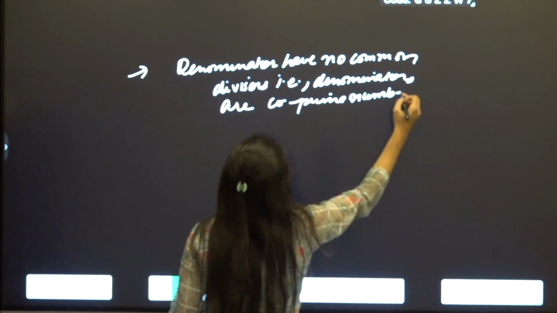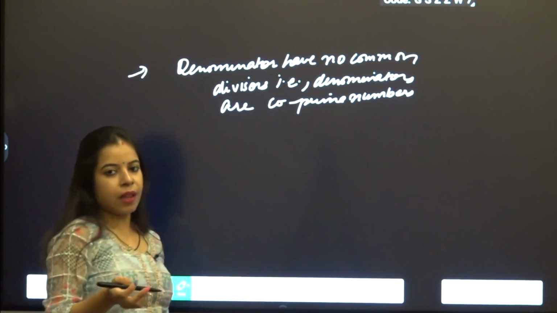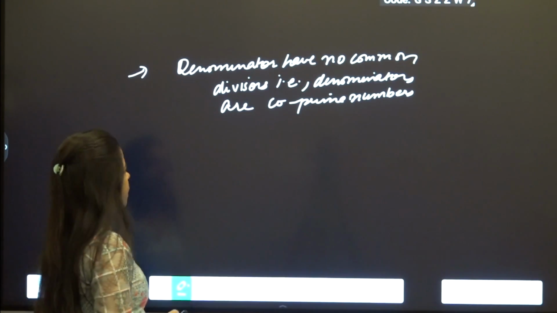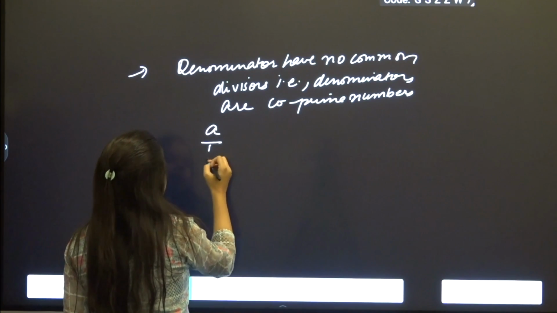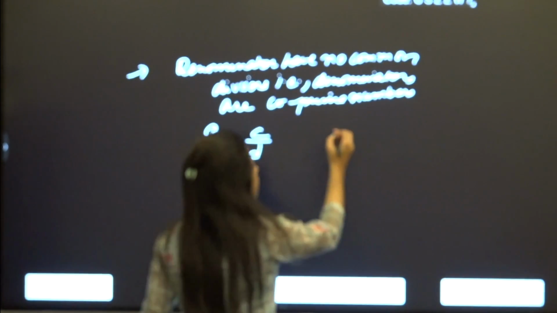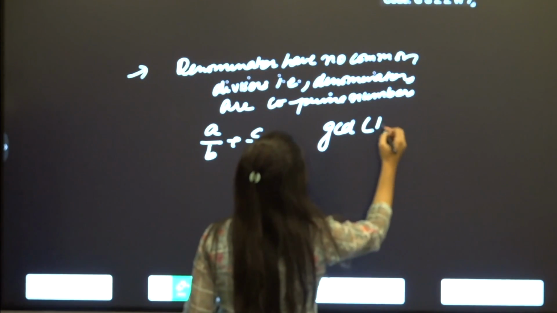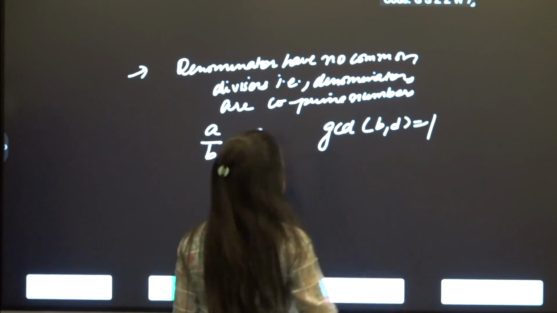They just have 1 as a common divisor. So let us take the general form, A by B plus C by D, where GCD of B and D is 1.